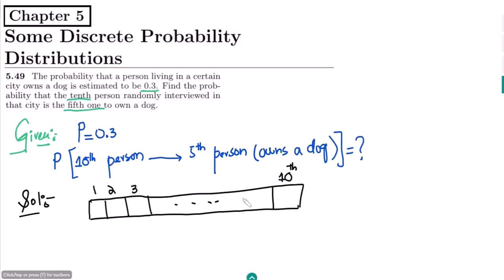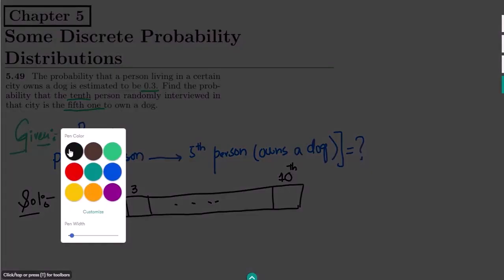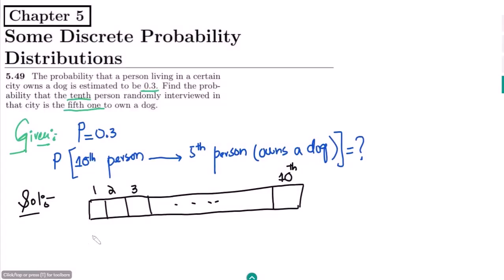Here, in order to write whether a person has a dog or not, Y is for a person who owns a dog, and N is for a person who doesn't own a dog.